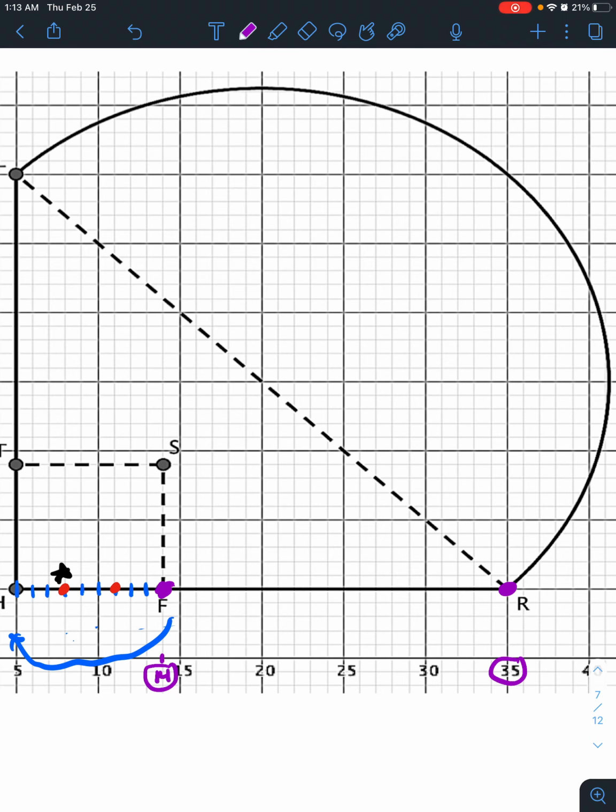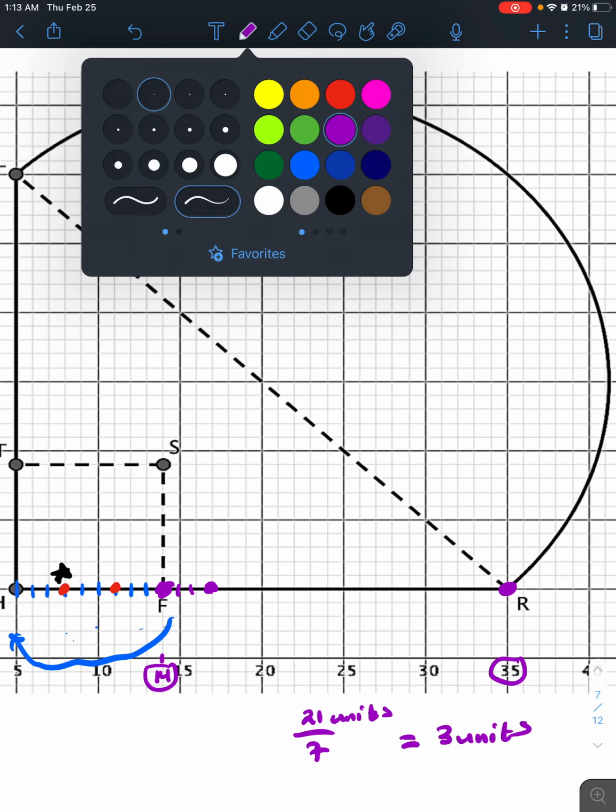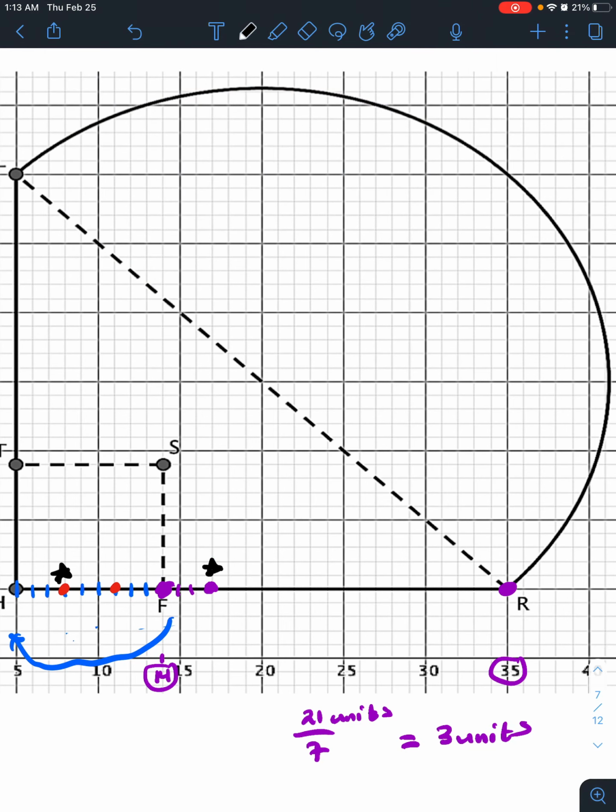I ask myself, how far away is 35 from 14? That is 21 units. And if I'm trying to find 1/7, that means I want to divide this into 7 parts. So that means every 3 units. So I'm going to count 1, 2, 3. So I know that my other point, and I'm going to put an X above it, should be right there.